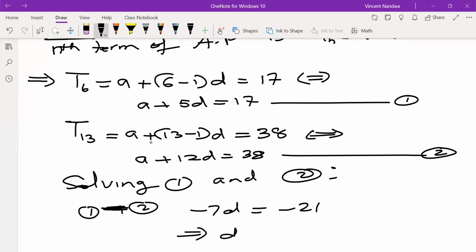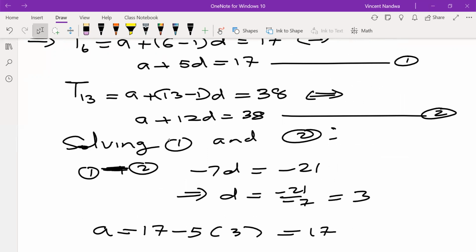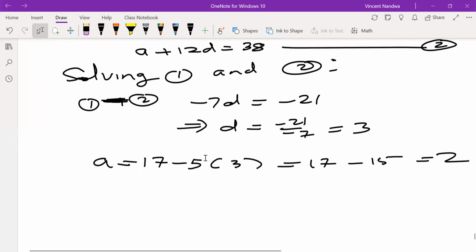So which means D will be minus 21 over minus 7, which is 3. And then from the first one, A will be 17 minus 5 times D, which is 3. So 17 minus 15, which is 2. So the first term is 2, common difference 3.